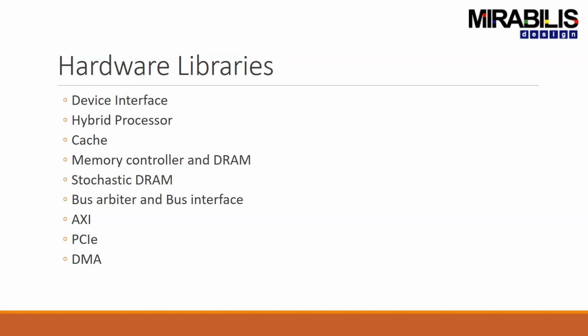Similarly, in terms of interconnect devices, we have the bus arbiter and bus interface, which is a basic library for building a generic bus. We can say how many ports it is supposed to have, and based on that we can use bus interfaces and say what the speed is, what the width of the bus is, what the type of data transfer is, and what the algorithm is, like first in first out or round robin. It can also support a custom algorithm.